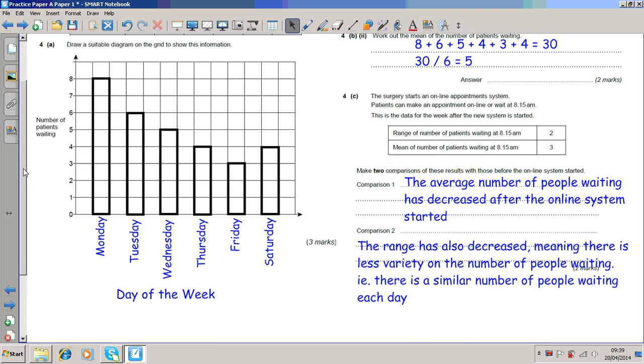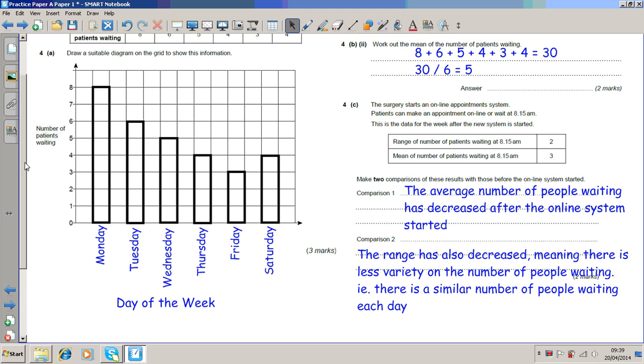Because the range is only 2, then there's not much difference between the most amount of people waiting and the least amount of people waiting, so it's always roughly the same amount of people waiting each day.